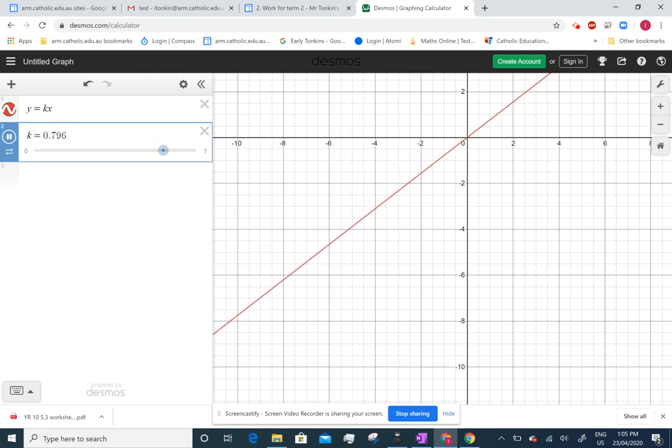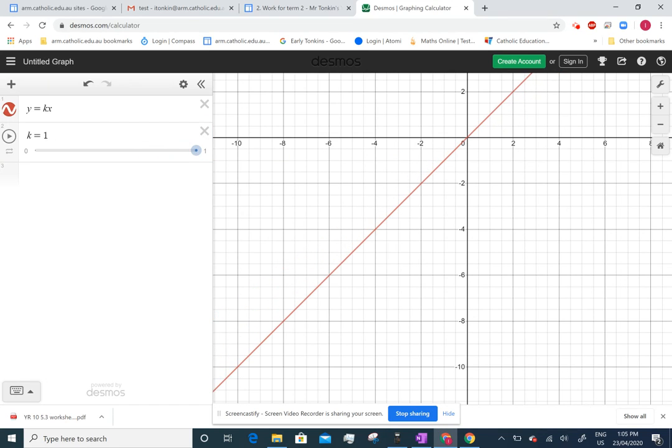And you can see it gets flatter and flatter and flatter. And if I stop it at 1, there's our 45 degrees. And what's going to happen? Oh, it just gets flatter and flatter and flatter.